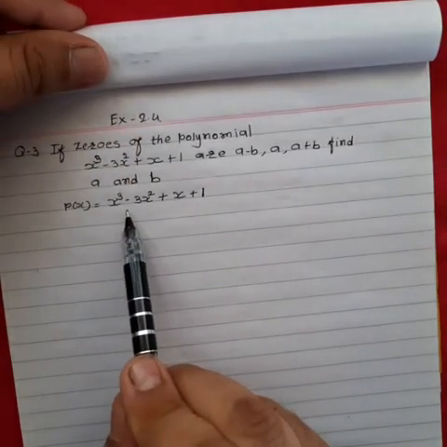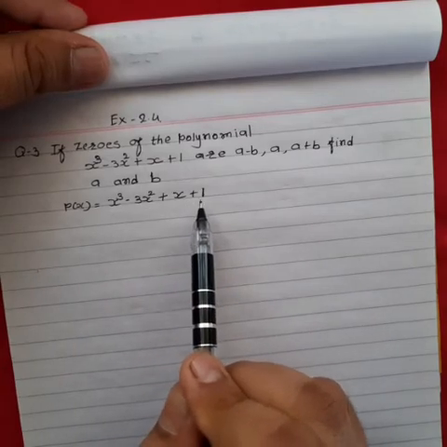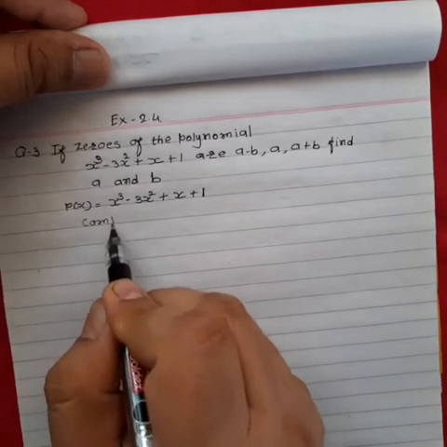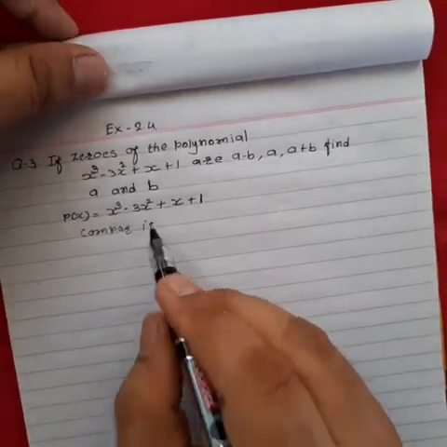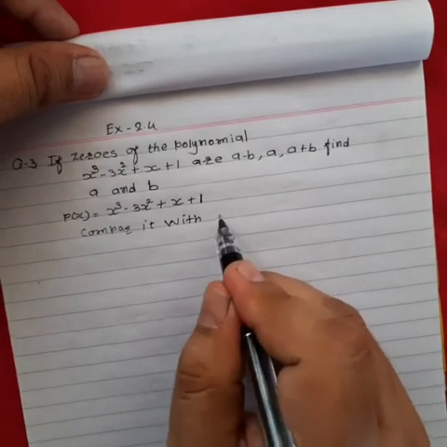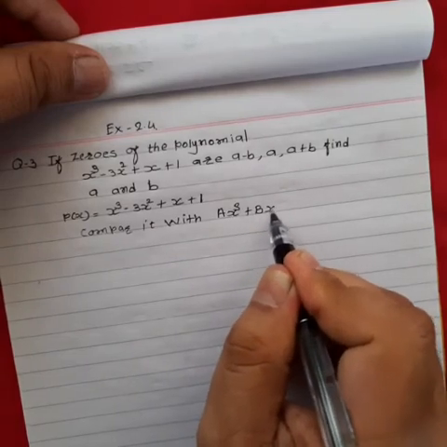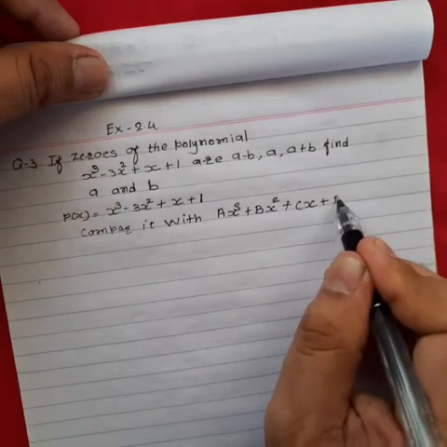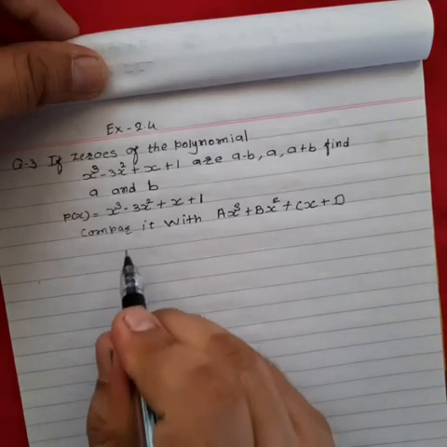Here the polynomial p of x is given as x cube minus 3x square plus x plus 1. Compare it with capital A x cube, B x square, C x plus D. So therefore, what do you write?